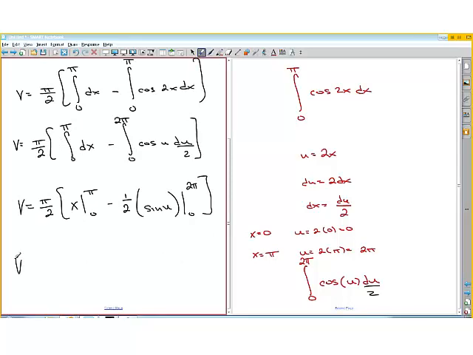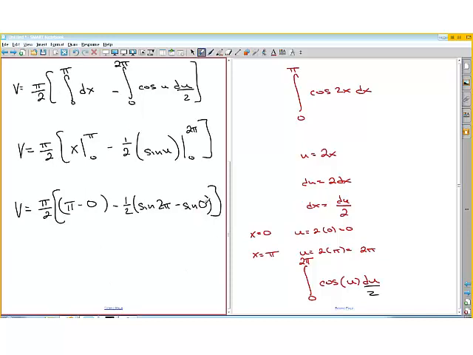So let's go ahead and evaluate the limits. We have pi over 2 times, okay, so plug the upper limit in, pi, subtract the lower limit, which is 0. So it's pi minus 0. Then we have negative 1/2, the sine of 2 pi minus the sine of 0.